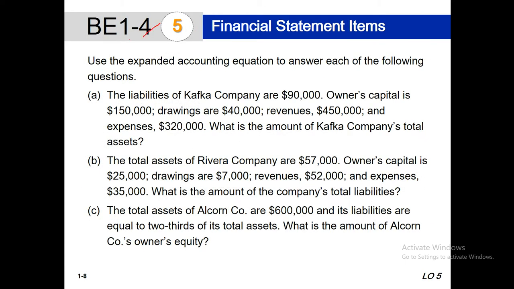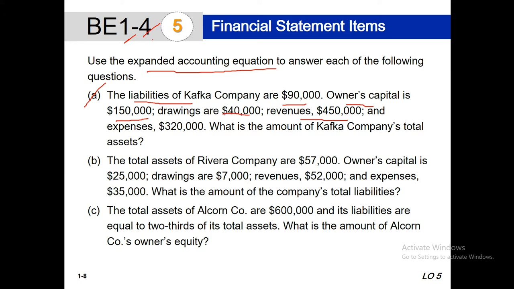Now we will proceed to Brief Exercise 4, that means chapter 1, Brief Exercise 4. Use the expanded accounting equation to answer each of the following questions. Requirement A. Here the liabilities of Kafka Company are 90,000, owner's capital $1,50,000, with drawings, revenue and expenses of these figures.